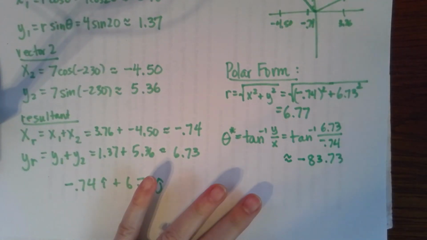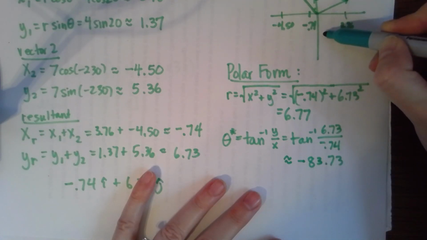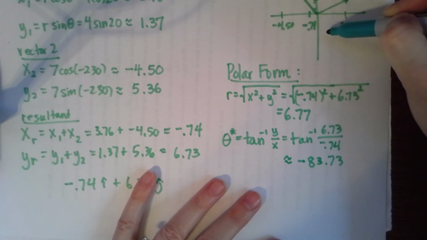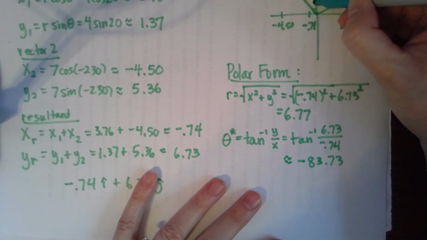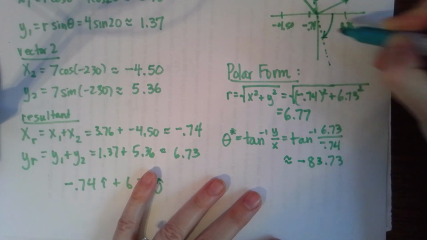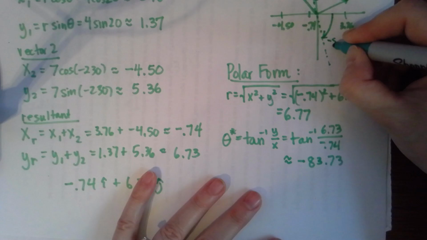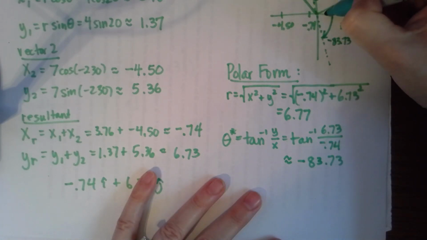Now think about what this means. Negative 83.73 is in the fourth quadrant. I'm not thinking about a vector that's in the fourth quadrant. I'm thinking about a vector in the second quadrant. So what's really happening here is that this angle right here is not my negative 83.73. I really want this angle over here.